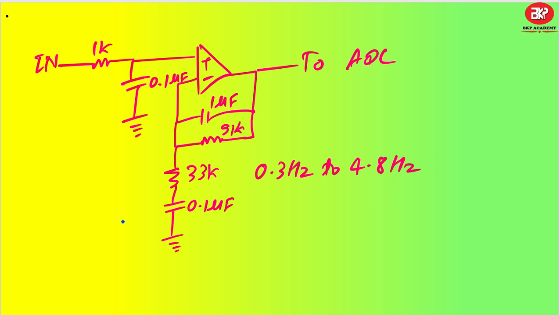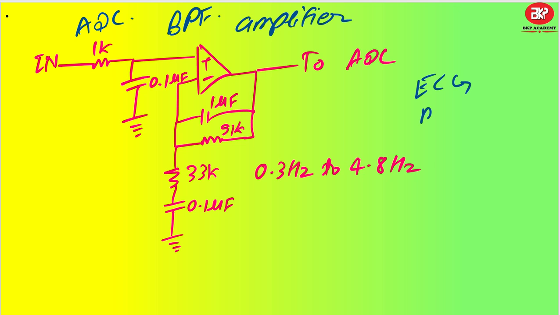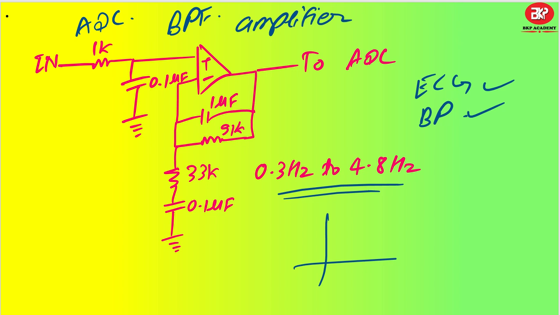Another way of applying ADC filtering and amplification is a band pass filter with an amplifier. A band pass filter is basically used in ECG applications or blood pressure monitor applications. In ECGs and blood pressure monitors, let us say you can see 0.3 hertz to 4.8 hertz. This is the band pass, and it works something like this.